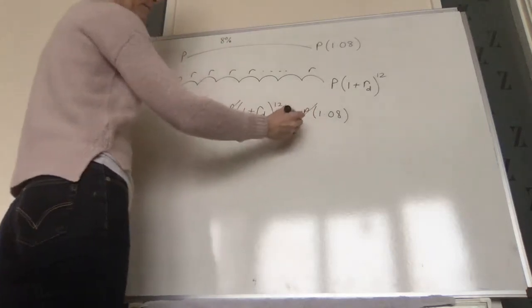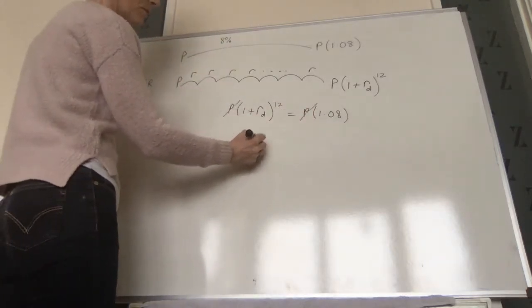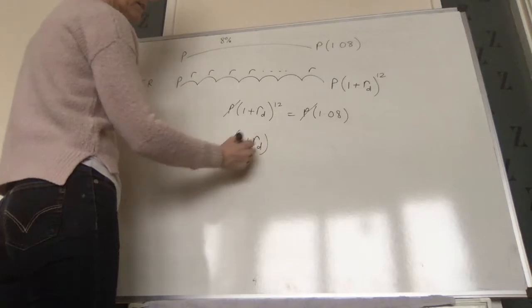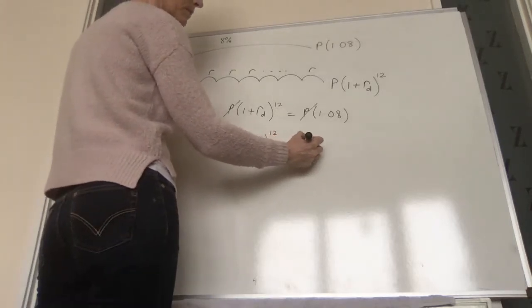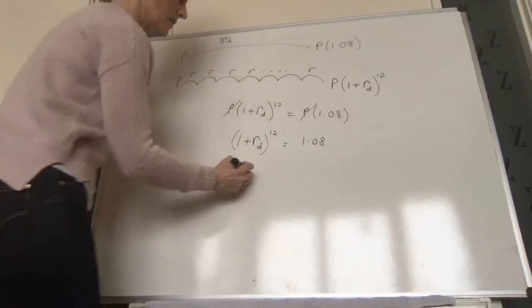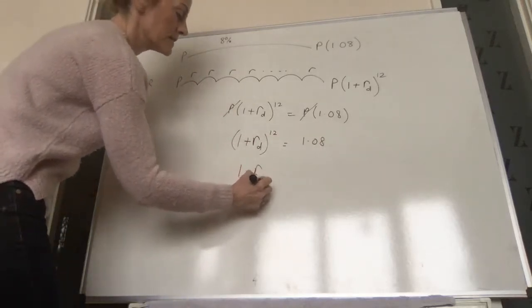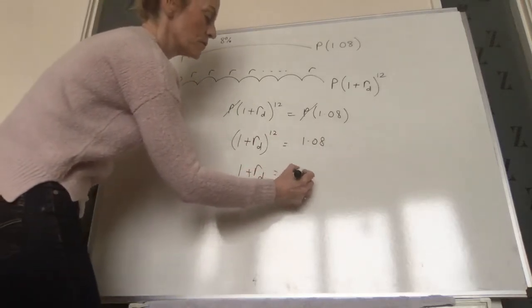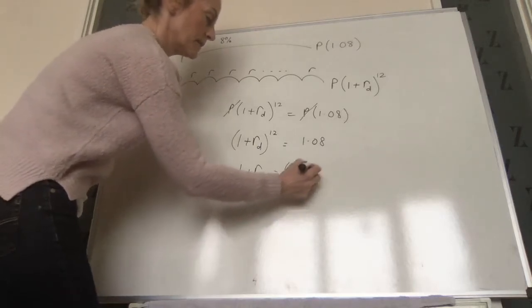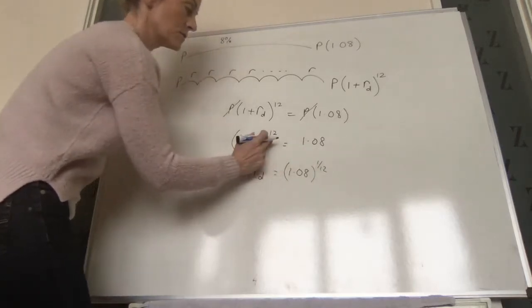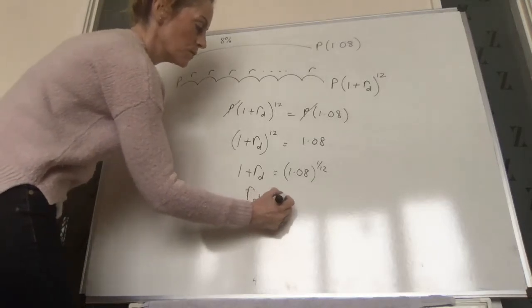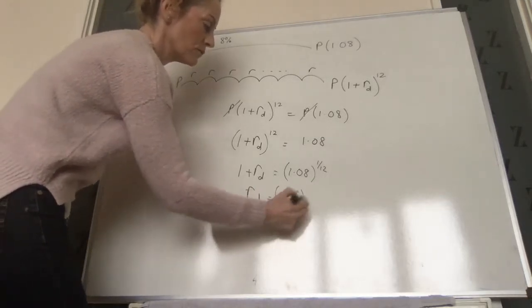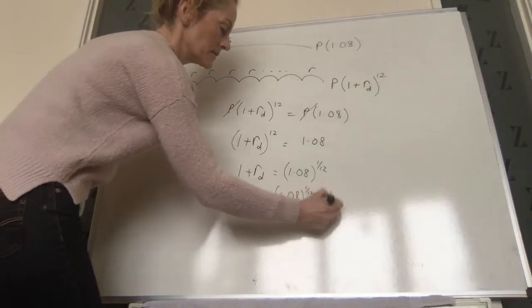Divide both sides by P. 1 plus R as a decimal to the power of 12 is equal to 1.08. 1 plus R as a decimal is 1.08 to the power of 1/12, getting the 12th root of both sides. R as a decimal is 1.08 to the power of 1/12 minus 1.